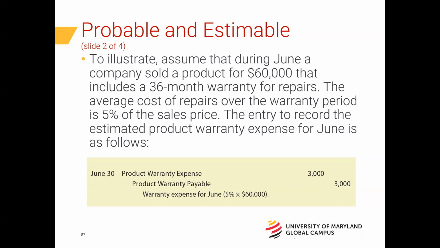And so the company will take a percentage of all of their sales to estimate their warranty expense. So in this case, $60,000 for what appears to be a 3-year warranty. 5% of the sales price is what they factor as their expense, as being probable, right? So debit, warranty expense; credit, warranty payable.